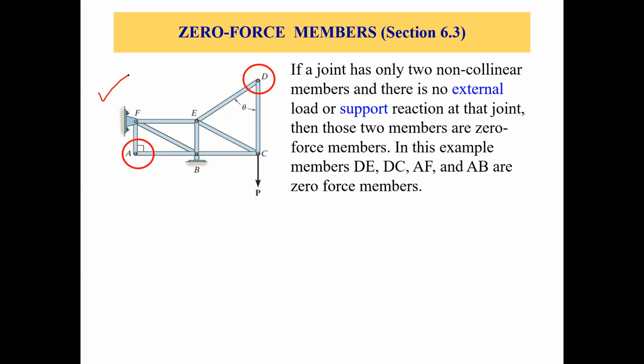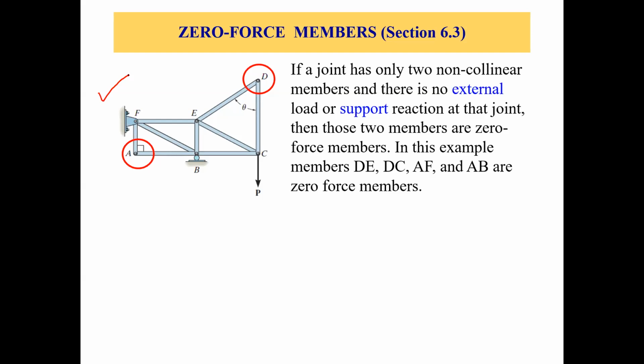These 2 members are non-collinear, and at joint D there's no other member, no external load, and no support reaction. So we can say that member DE and member DC are zero force members.